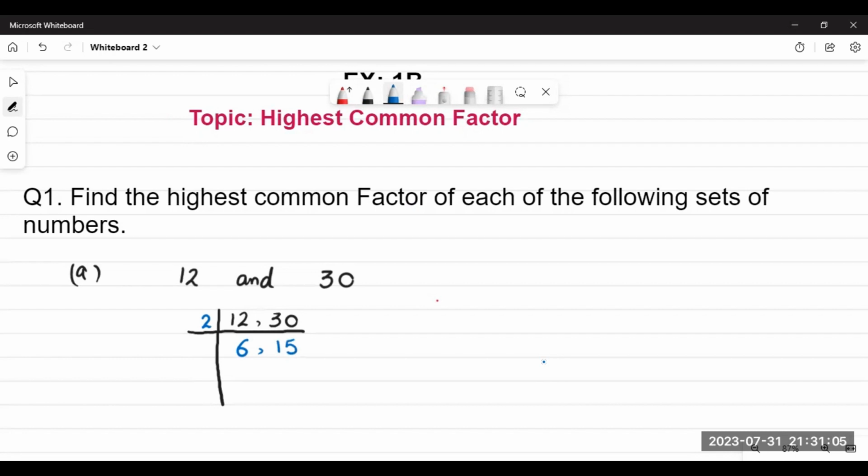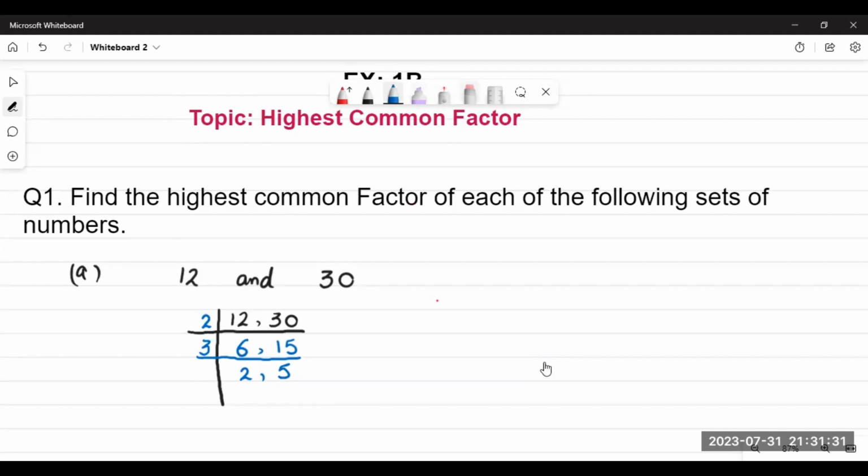Again, I have to check whether these two numbers are divisible by the same table or not. So 6 and 15 both come in the table of 3. So I can divide them by 3. 3 2s are 6 and 3 5s are 15. Now my leftover values are 2 and 5. I can easily check that 2 and 5 are not coming in the same table.